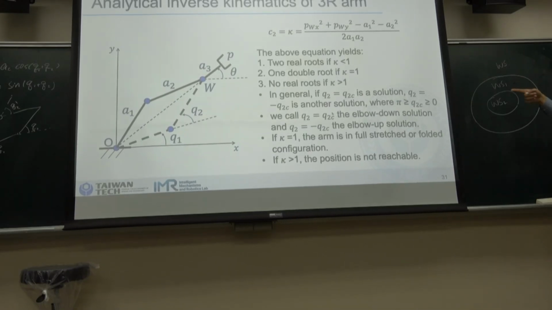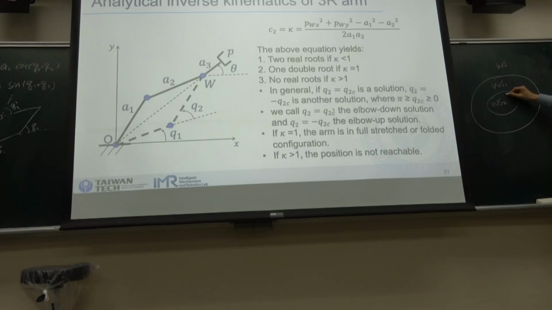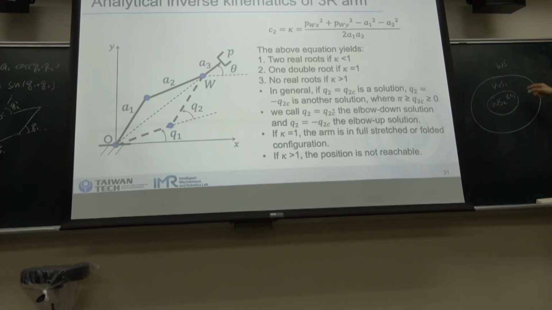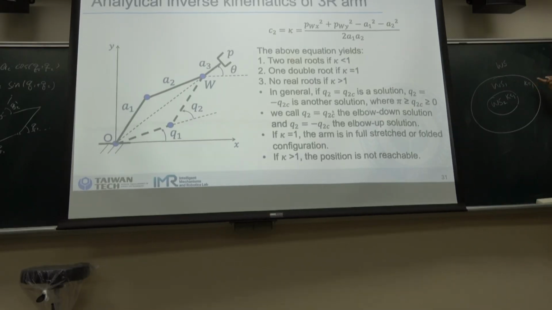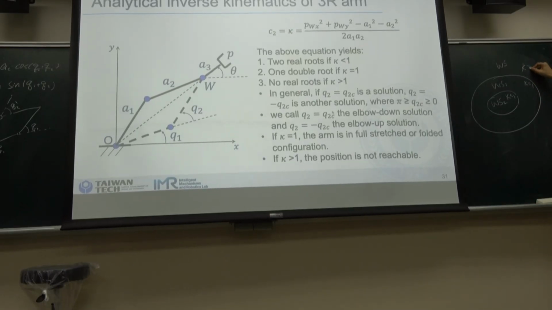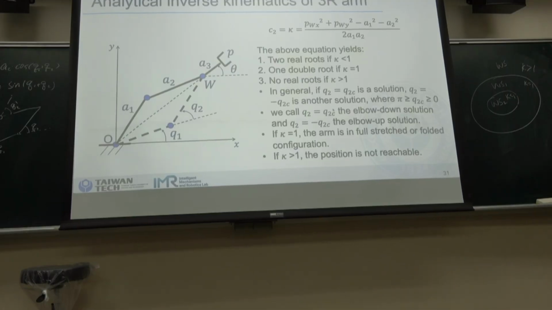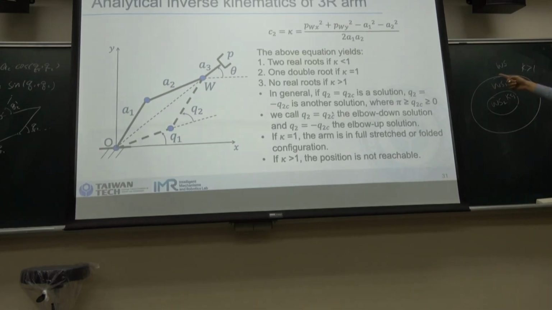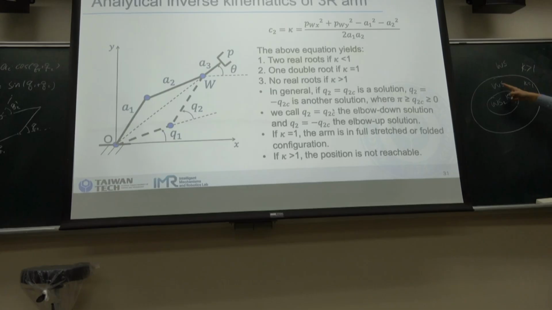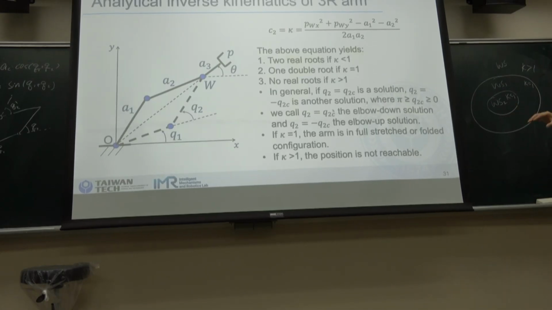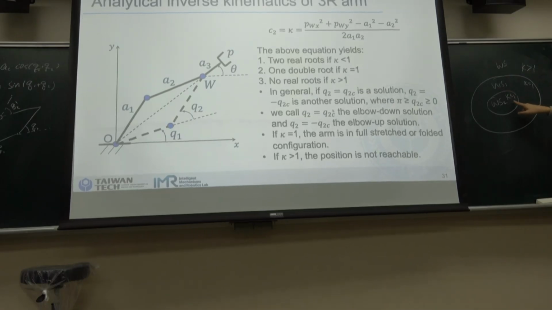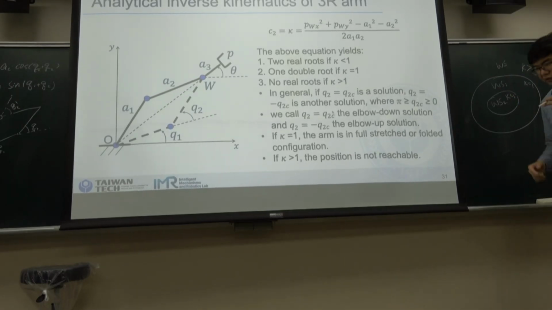In the primary workspace, k is smaller than 1; for the reachable boundary it is equal to 1; and here it is larger than 1. Here, because the robot cannot reach, we won't have any solutions. And here we only have one solution because it's the primary workspace. And here, for the dextral workspace, we will have two solutions.